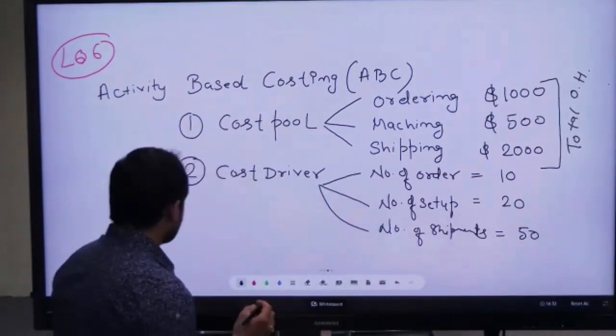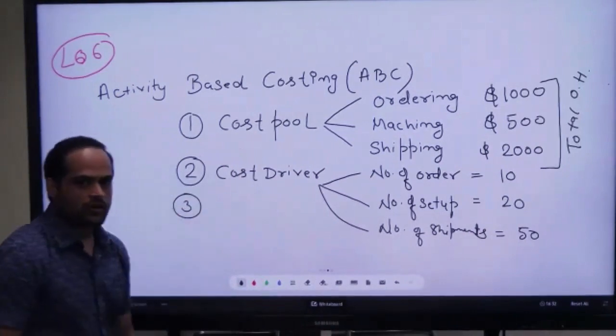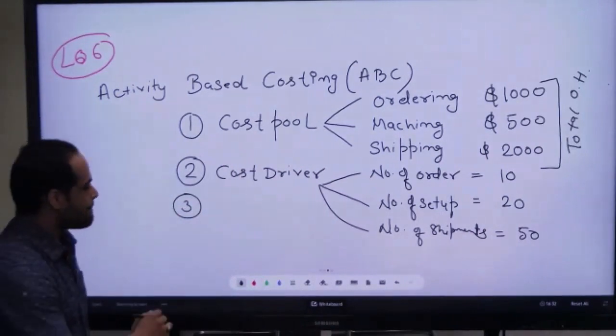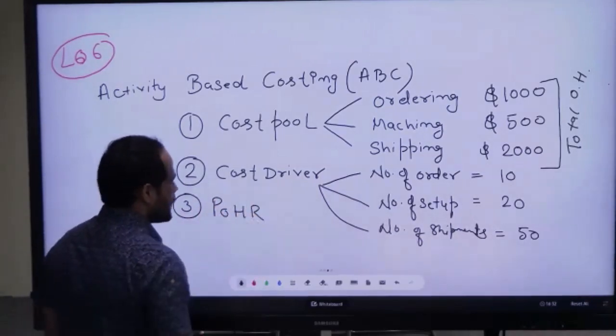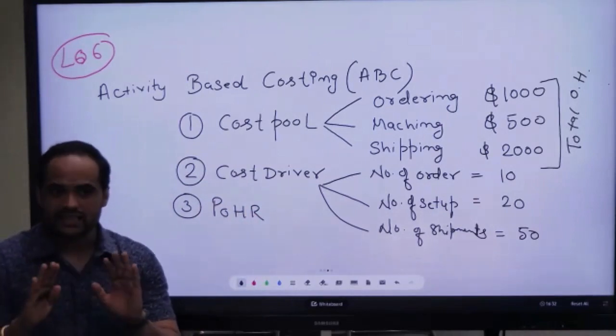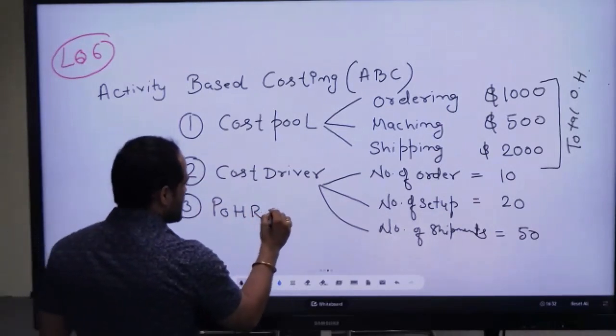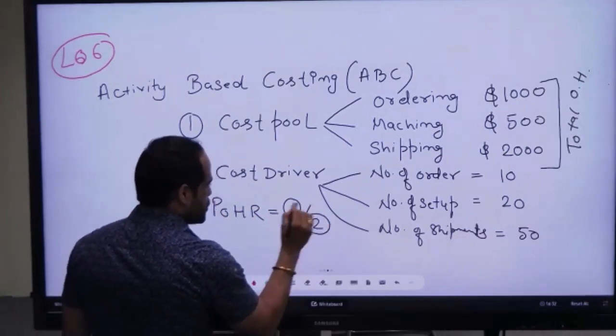Now, step 3. Step 3 is also exactly the same as your traditional costing. Determine POHR, predetermined overhead rates. The formula is exactly the same, which is step 1 divided by step 2.